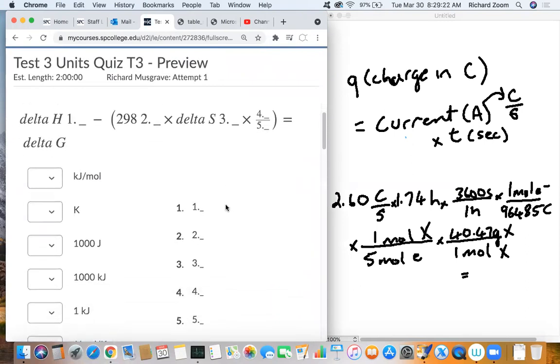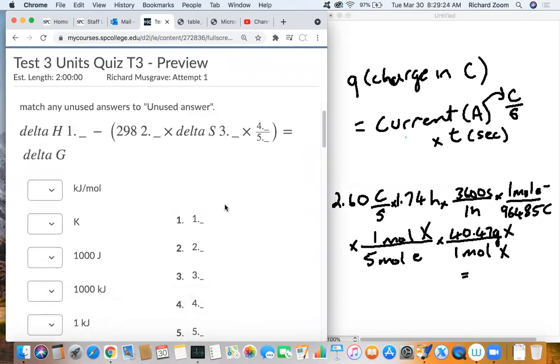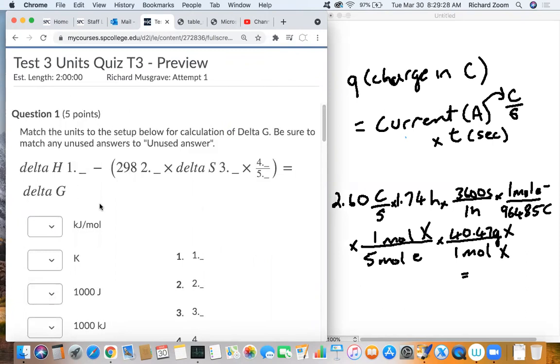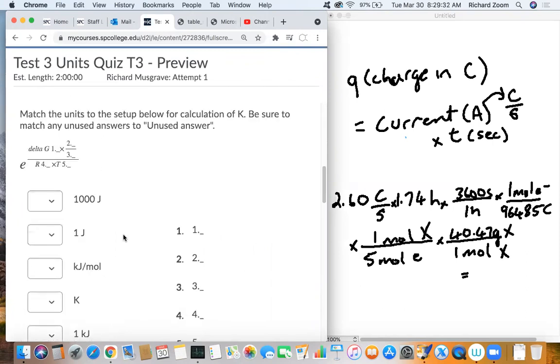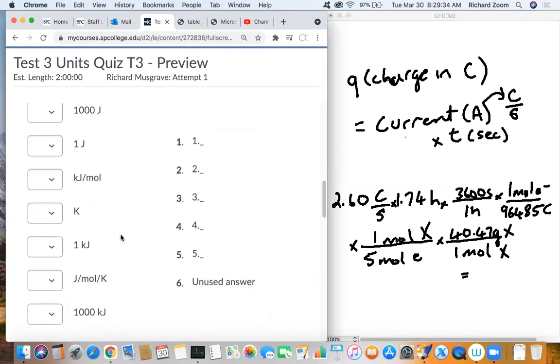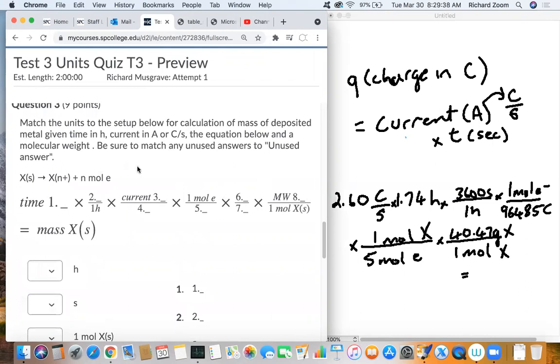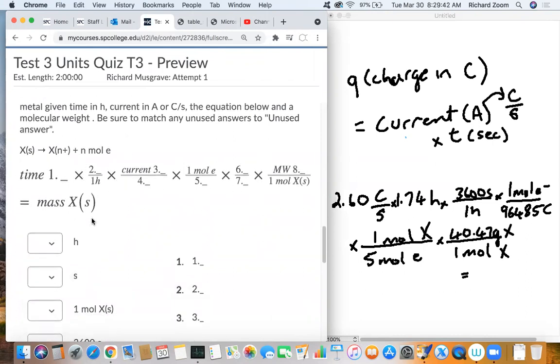This is the kind of question that you're going to have to do. It's a matching type thing where you have to put the units in each place. So it's my way of getting you to make sure you understand the dimensional analysis. And for this problem here, the one we just did, you can see the setup there as well.